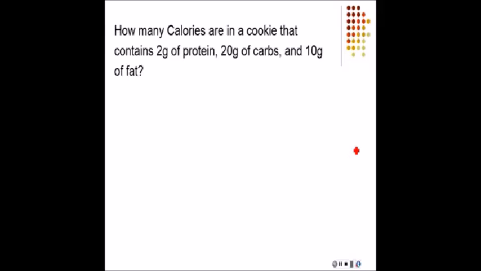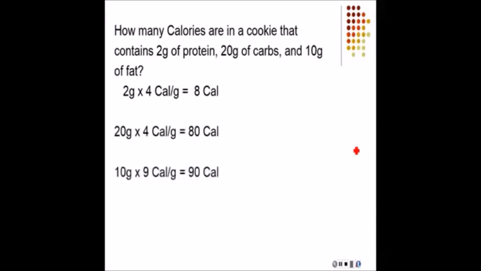Okay, here's the solution. 2 grams of protein times 4 calories per gram, we get 8 calories. 20 grams of carbs times 4 calories per gram, and we get 80. And now for the fat, see, fat gives us the most, 90 calories. So we just have to add them up, and we get 178 food calories.